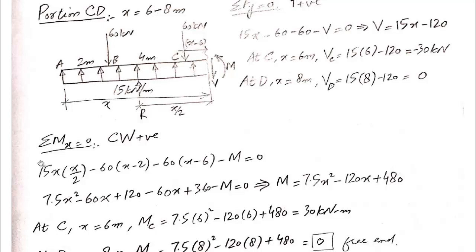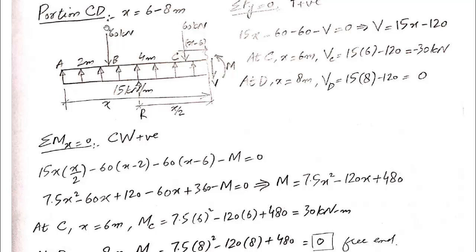So 15 into x is the magnitude of the resultant, and its perpendicular distance with respect to the section is x by 2 as it is labeled here. And this resultant will produce moment in clockwise direction, so it should be taken as positive. 15 into x by 2 is the moment generated by this force about the section.